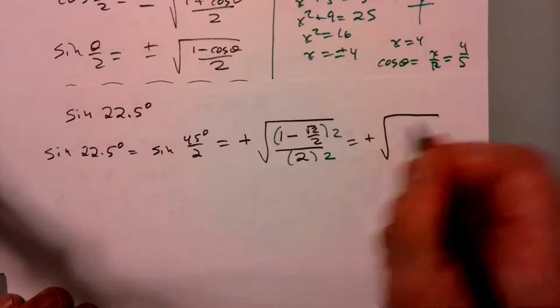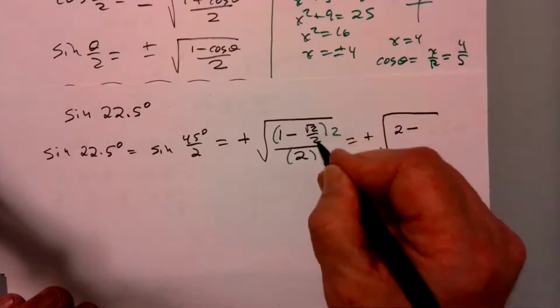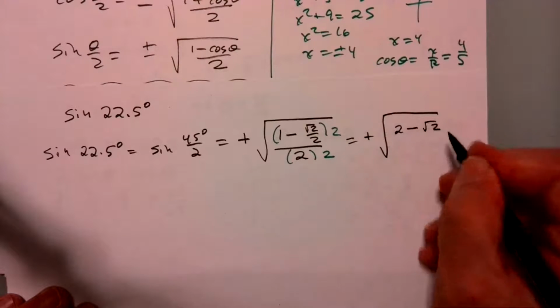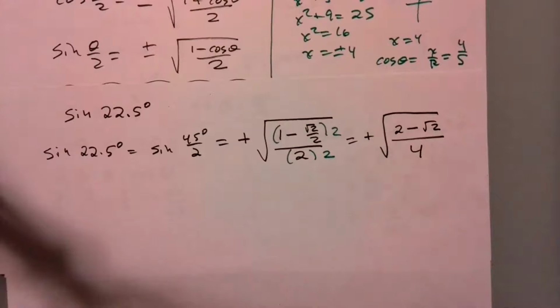Again, we know this is plus. 2 times 1 is 2. 2 times root 2 over 2 is just root 2, so I get 2 minus root 2 upstairs. 2 times 2, I get 4 downstairs. So an answer for the sine of 22.5 degrees is plus, first quadrant, square root of (2 minus root 2) over 4. All right.